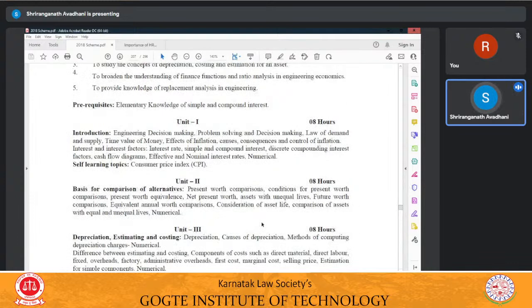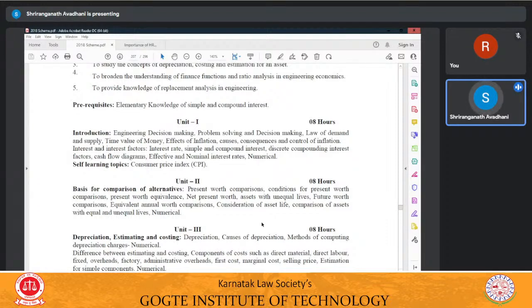And of course, the second unit talks about comparison of assets. Let us say an organization or an individual has so many assets; you should know the value of assets. Also, if you want to buy anything, you're going to compare it based upon some worth, whether present worth, annual worth or future worth.